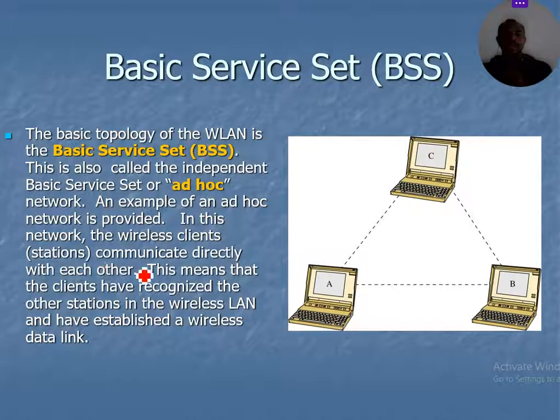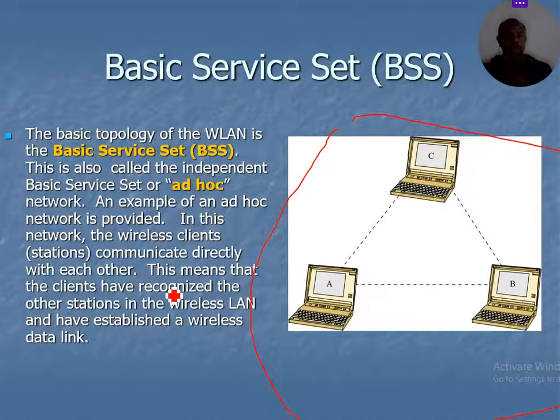An example of an ad hoc network is this one that we are showing on the screen. Is that okay? So now in this network, the wireless client stations communicate directly with each other. So computer A can communicate with computer C, and computer A also can communicate with B, B can communicate with C, C can communicate with A, and vice versa.